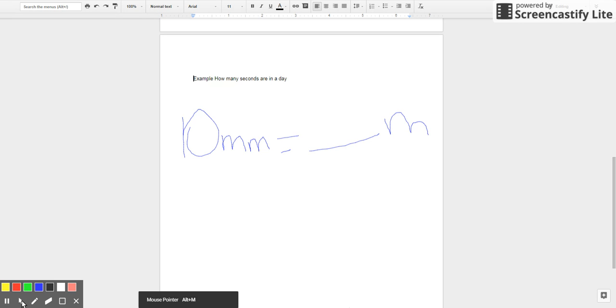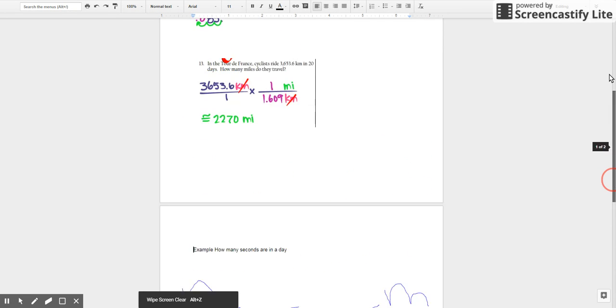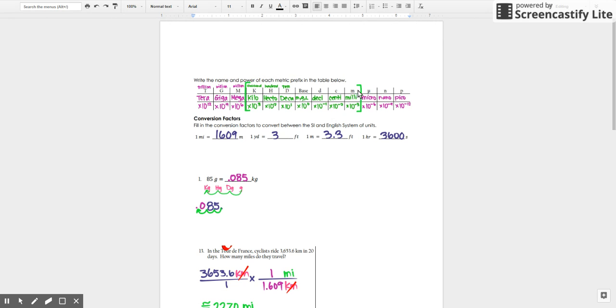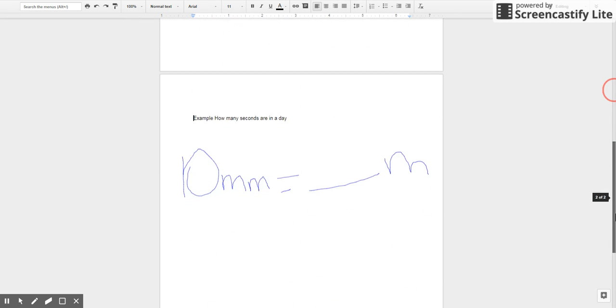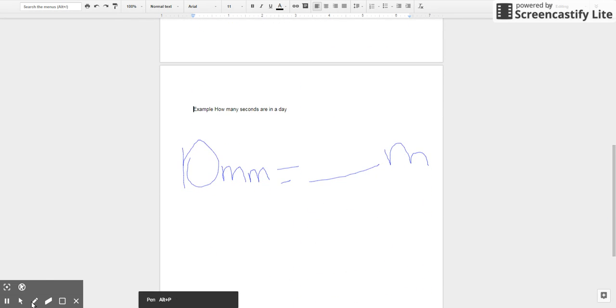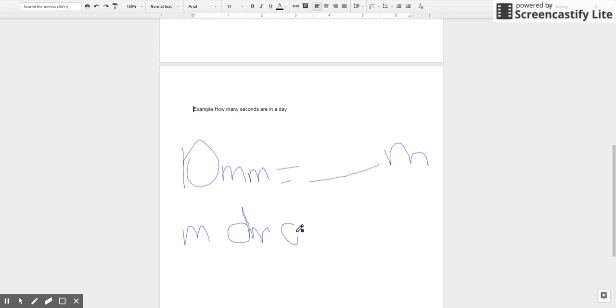So my millimeters is going to be smaller than a meter. So my millimeters is here, my meters is here, and I go back down and I can see that I can go from meters, and then decimeter, and then centimeter, and then millimeter. Okay, sorry, my pointer doesn't write very well.